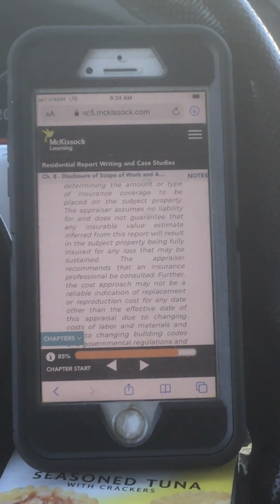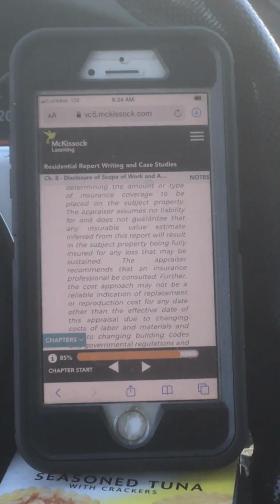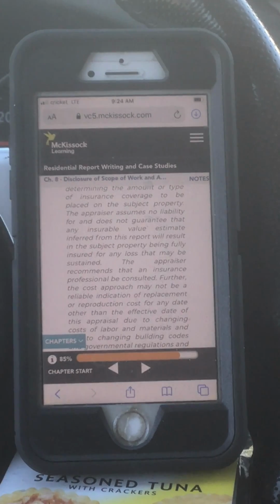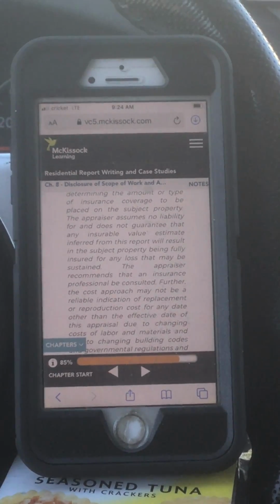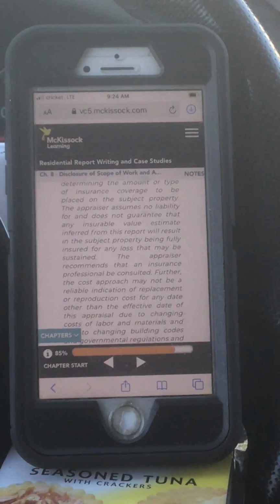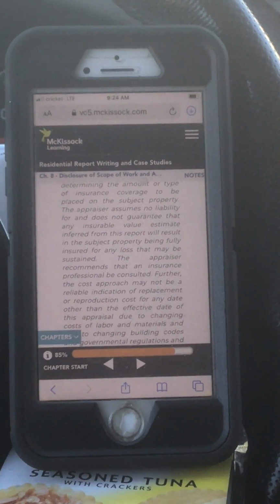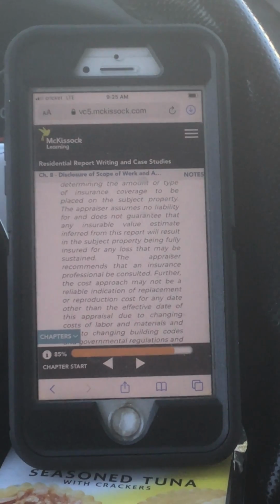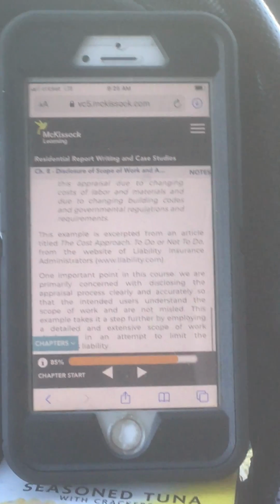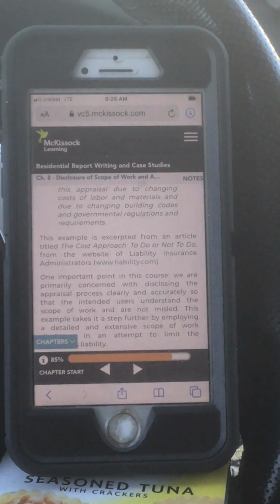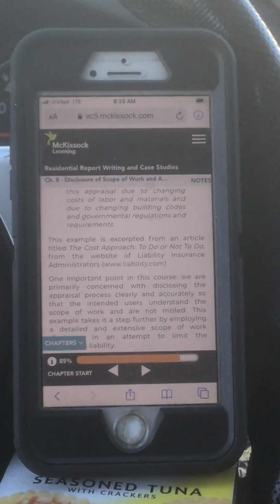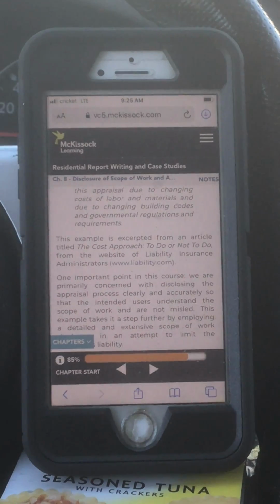Further, the cost approach may not be a reliable indication of replacement or reproduction costs for any date other than the effective date of this appraisal due to changing costs of labor and materials and due to changing building codes and governmental regulations and requirements.